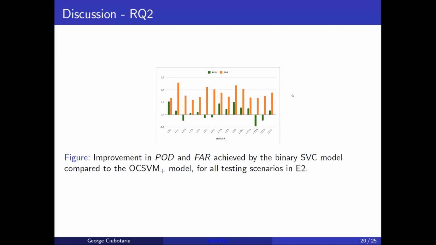And this may be because it saw all the data, and the one class SVM plus saw only the defects. So the first factor may be that the data was not enough, I mean, there weren't enough data instances. And the second is that it's still an unsupervised model, and may have had some problems in here.